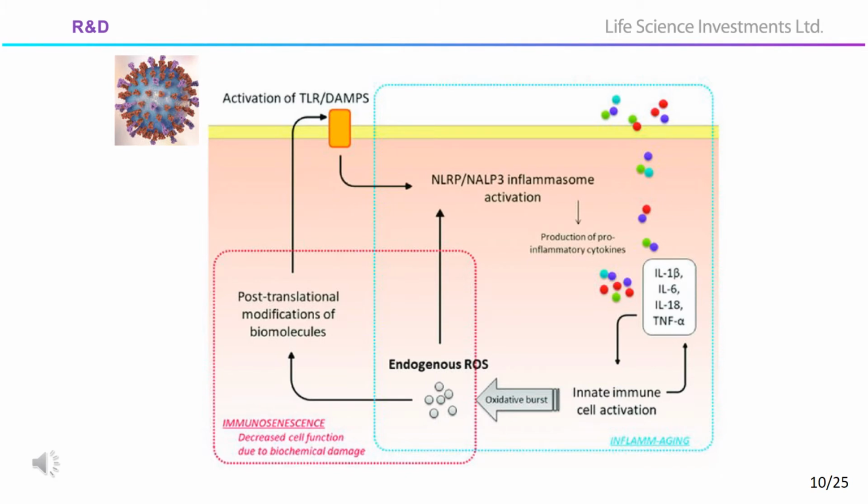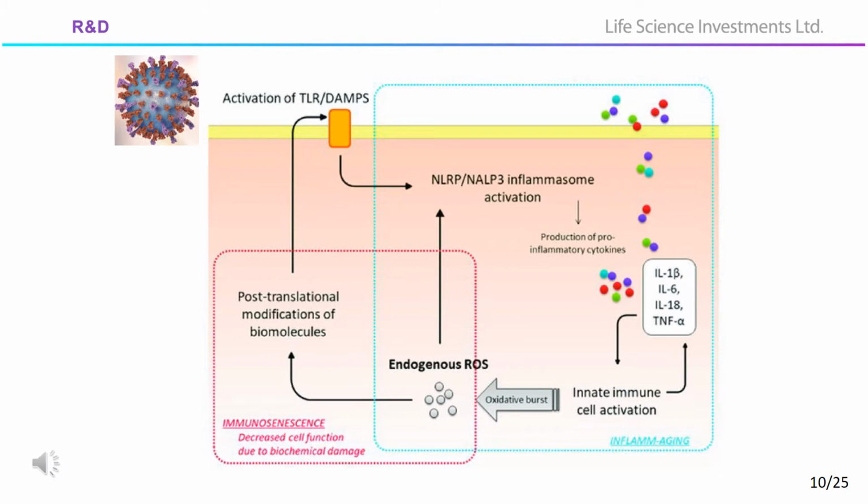When the organism is infected by a virus, by a bacteria, there will be activation of toll-like receptors. And as a consequence, activation of inflammasome and production of pro-inflammatory cytokines, all the list of interleukins, TNF-alpha, among others, and this will lead to the activation of innate immune system.